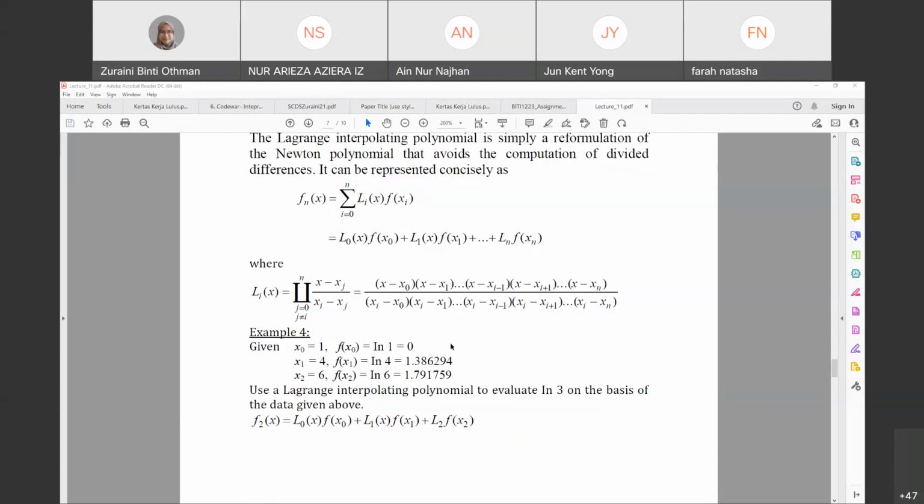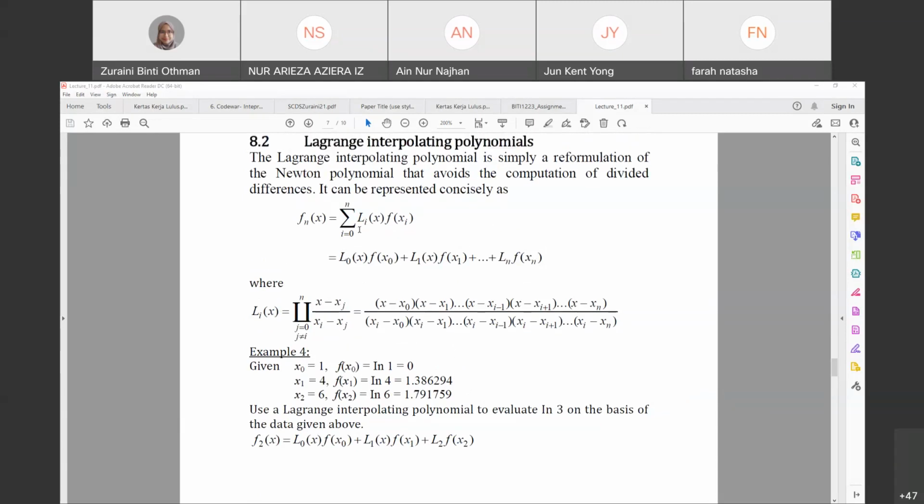Okay, so sekarang untuk Lagrange, you have to know this is the general formula for Lagrange. So it involves just now B0, right? So it is L0, but it contains L0 f x0. No need to put x tolak x0, x tolak x1. Okay, this is the general form.